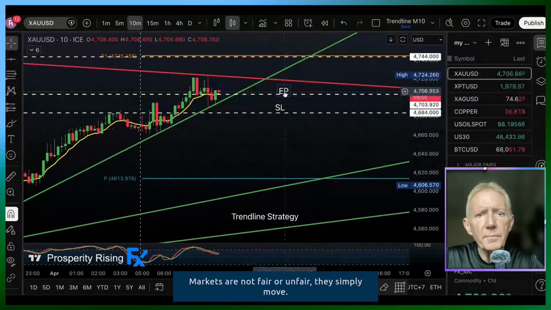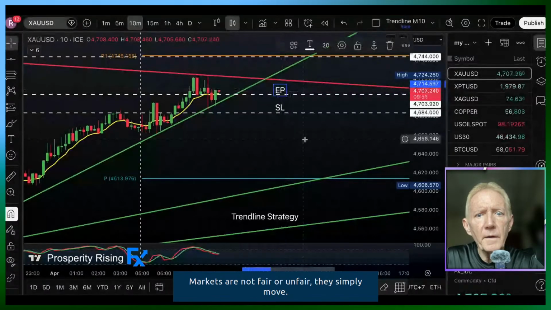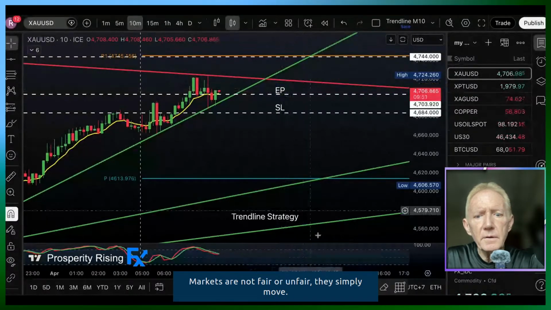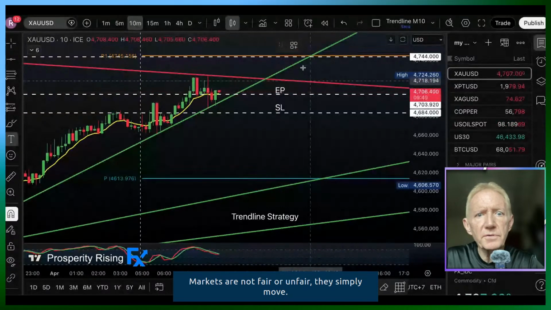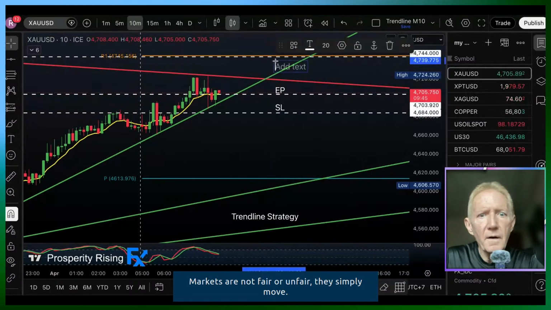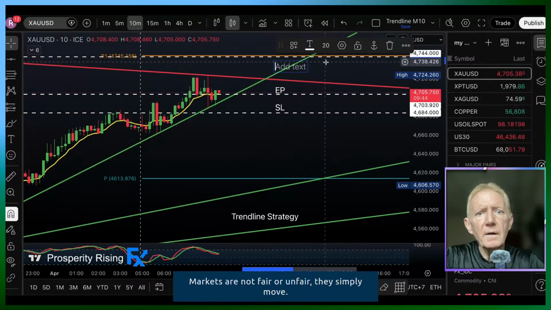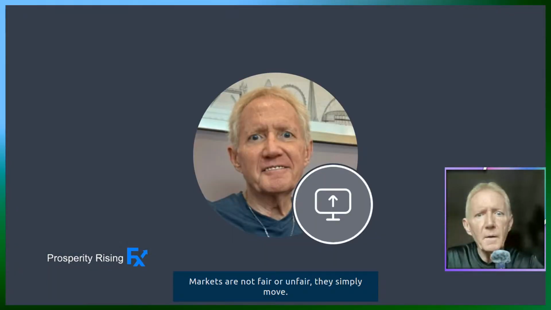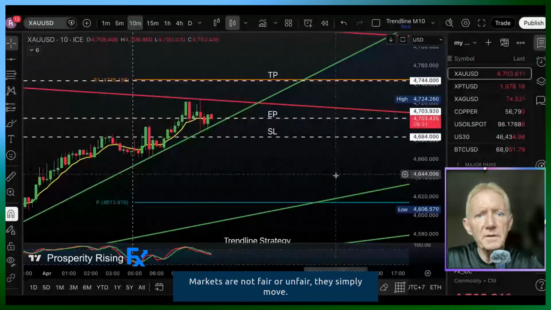EP is entry price, and then SL, of course, stop loss. And we'll go for TP, take profit. That's a good place to have the take profit, right at resistance. I like that.